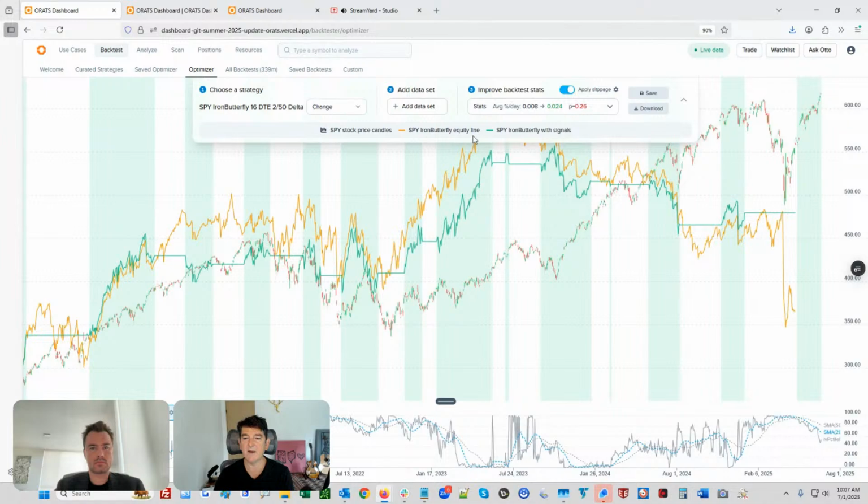And you can see now this third line that we've added is a SPY iron butterfly with signals. The other one is just trading it all the time, that came from the backtest. But now we've overlaid it with not only the stock price and the old backtest, but now this is the new backtest with only trading on these signals.